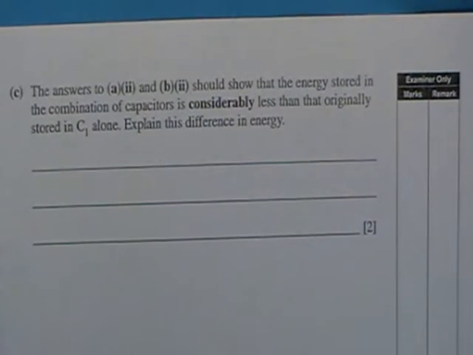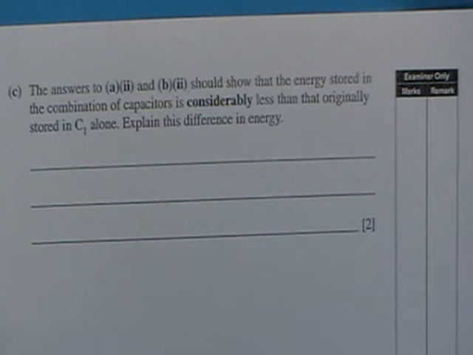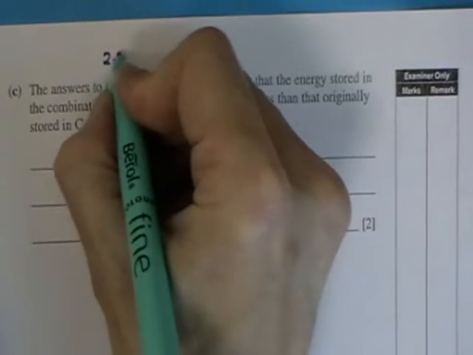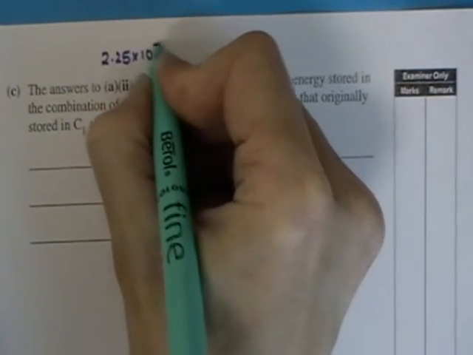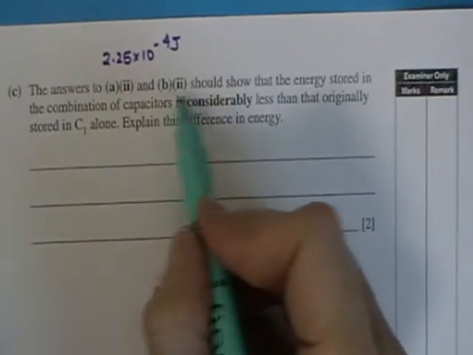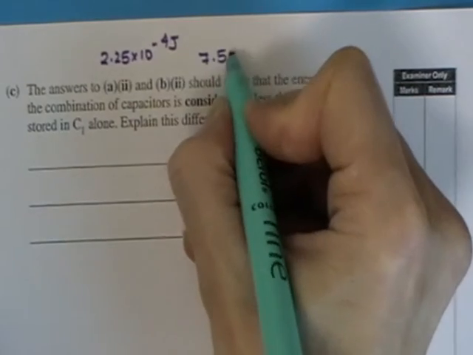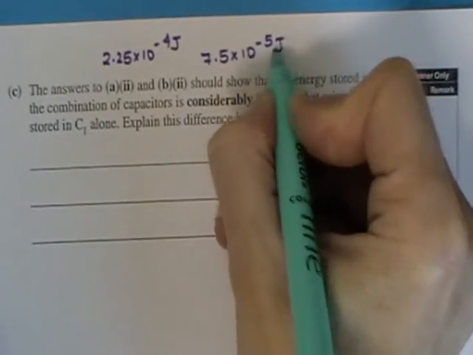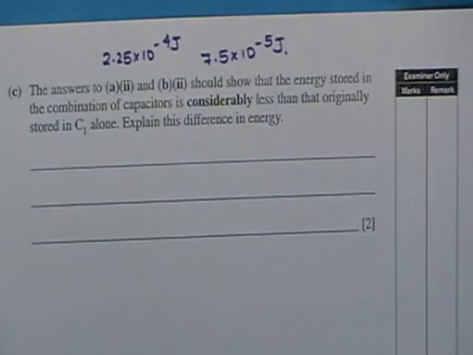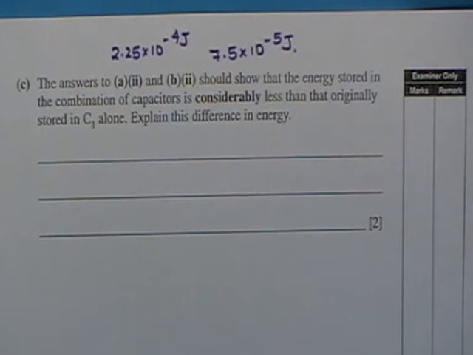And then part C of the question, the answers to A part 2, and I'm just writing this down to remind you. A part 2, the original maximum energy in the fully charged single capacitor was 2.25 by 10 to the minus 4 joules. And then B part 2, the answer came out as 7.5 by 10 to the minus 5 joules, which is less. Show that the energy stored in the combination is considerably less than that originally stored in capacitor C1 alone.